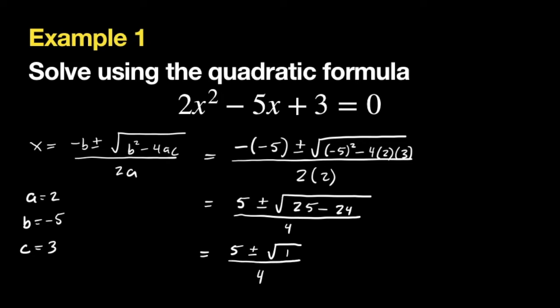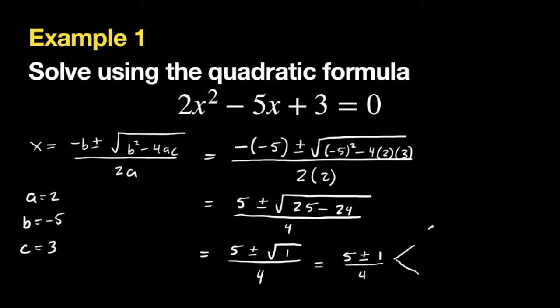In this case, we actually have a nice number. The square root of 1 is 1. So we can say 5 plus or minus 1 over 4. Now we're going to split this into 2.